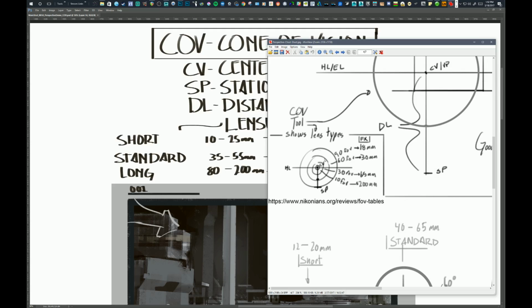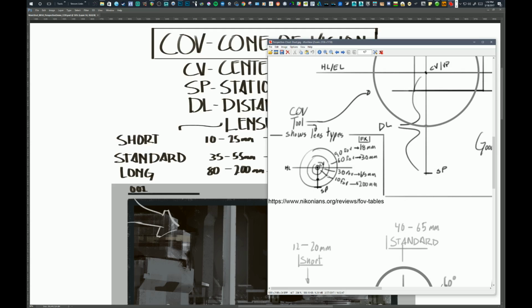So usually when you calculate a 60-degree field of view, you put the canvas inside of it, slightly away from the edges, to get a 35 millimeter lens. So basically what it comes down to is the further away you get from the edge of your cone of vision, the longer the lens.